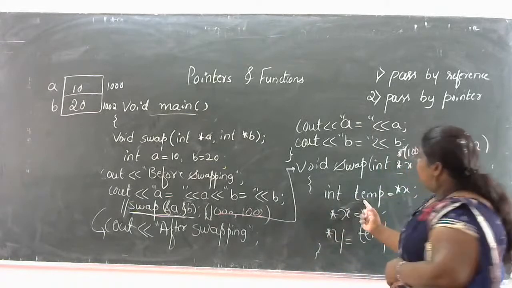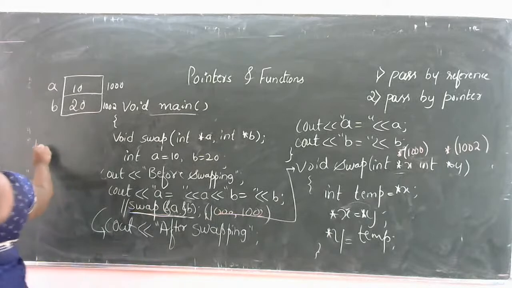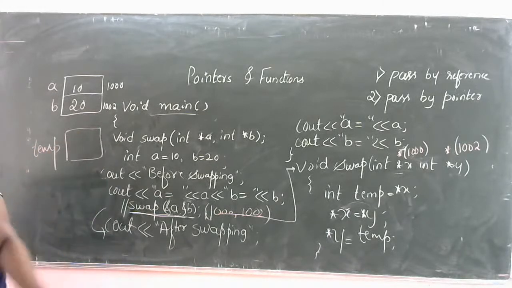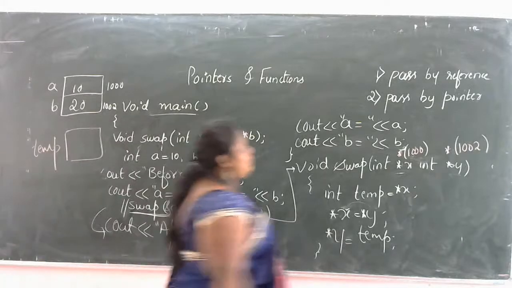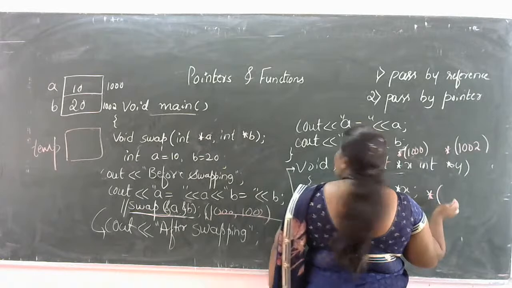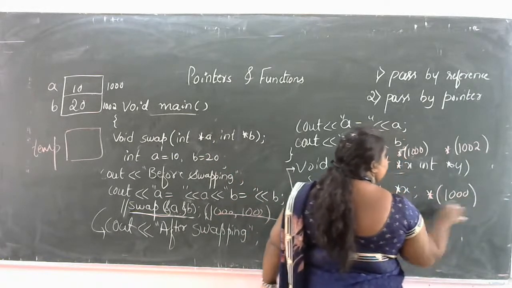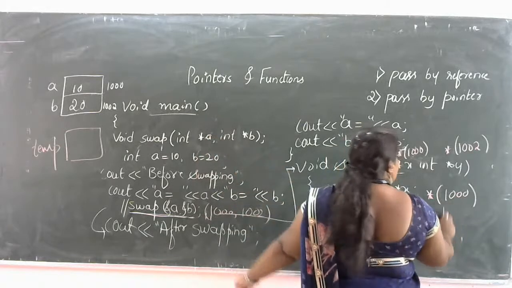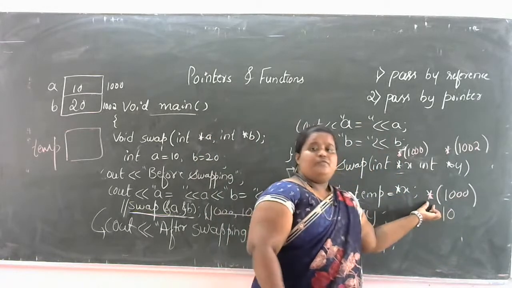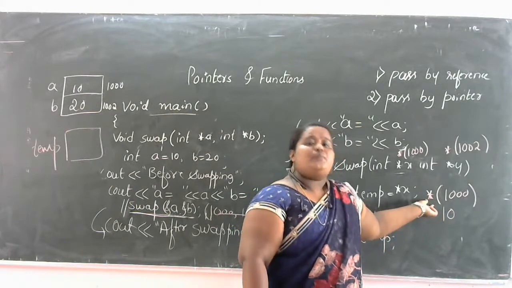Next, you are declaring one more variable, that is temp. In temp you are storing star of x. What is star of x? X value is 1000. Star of 1000 is 10. You know the use of the star operator, the indirection or pointer operator.